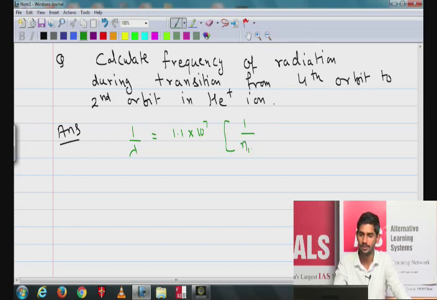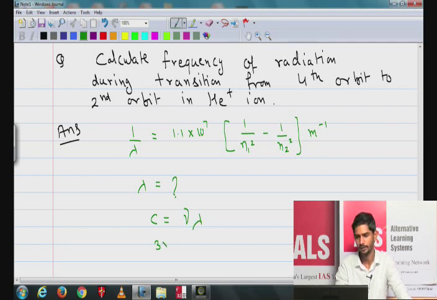Now look at this, 1 upon n1 square minus 1 upon n2 square. This is meter inverse. Now we know the value of n1 and n2. We can put down these values and we will calculate lambda. After that you will use this relation c is equal to nu lambda. We know c is the speed of light, its value is 3 into 10 to the power 8.